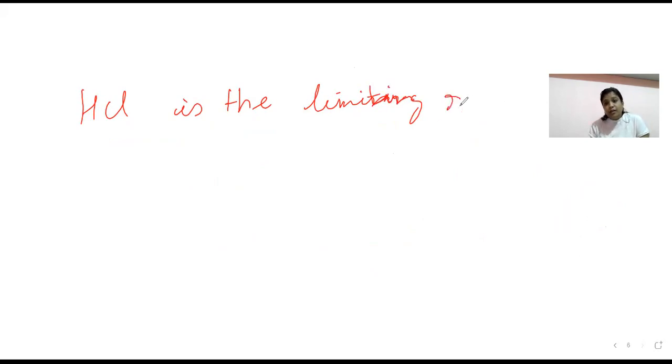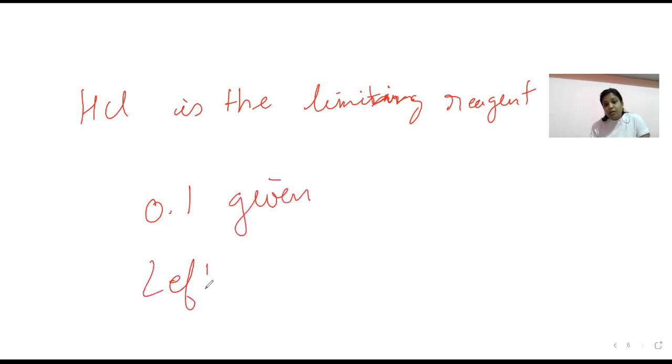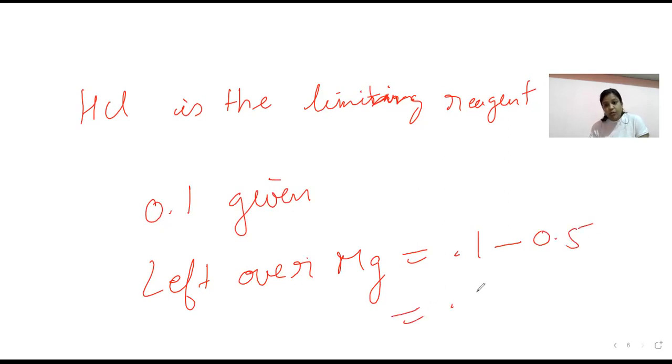So HCl is the limiting reagent. That one thing is solved. Now, 0.1 mole of magnesium is given, so how much is left? The leftover amount of magnesium is equal to 0.1 minus 0.05, which is equal to 0.05 moles.